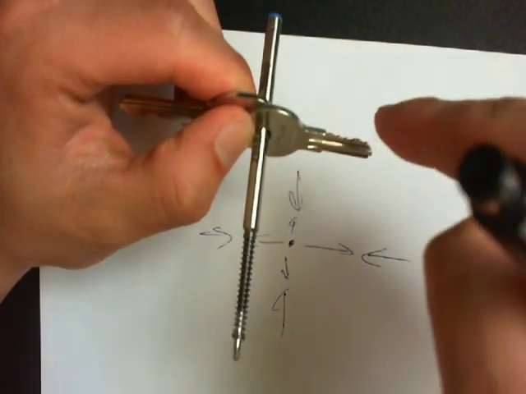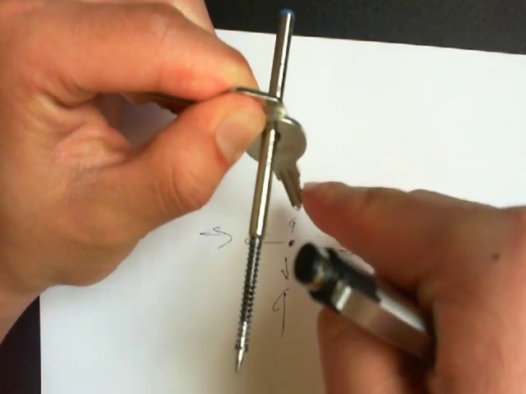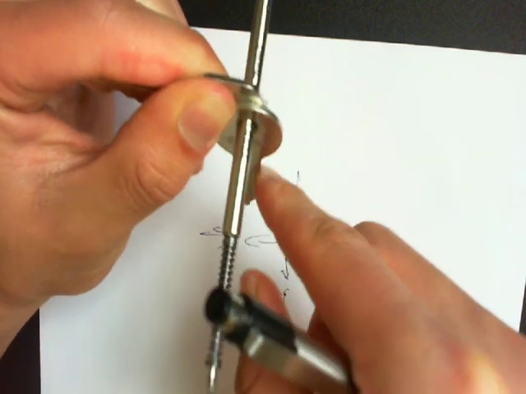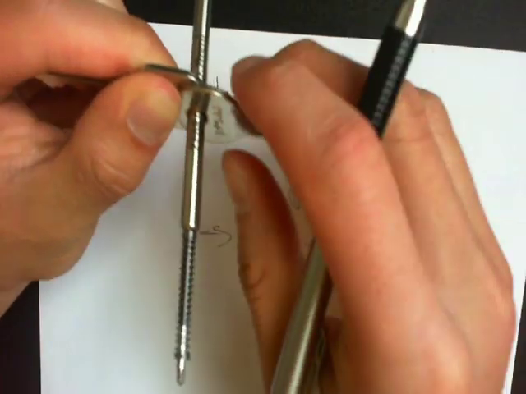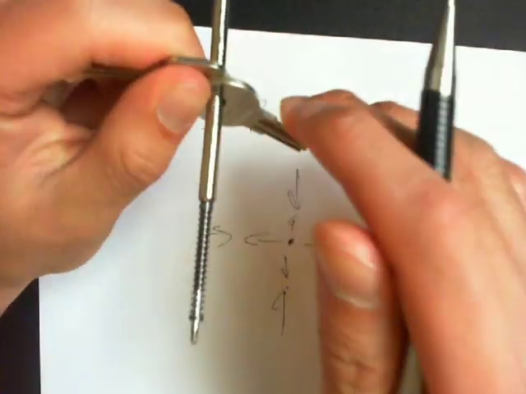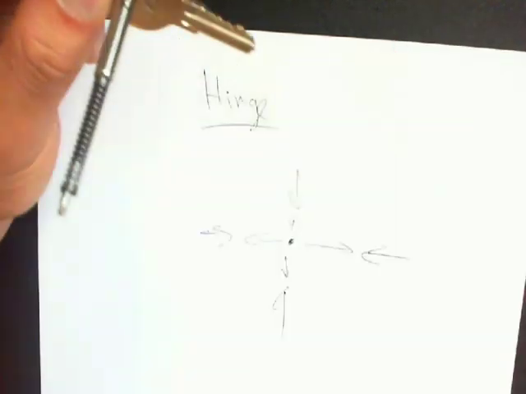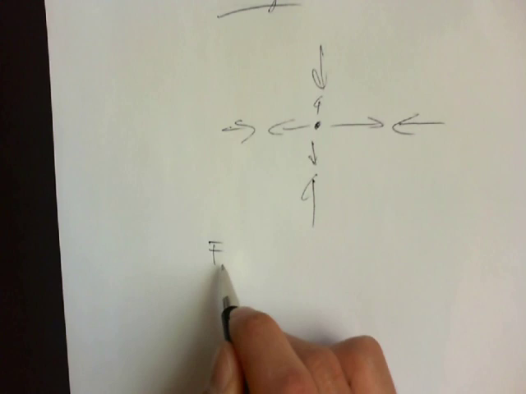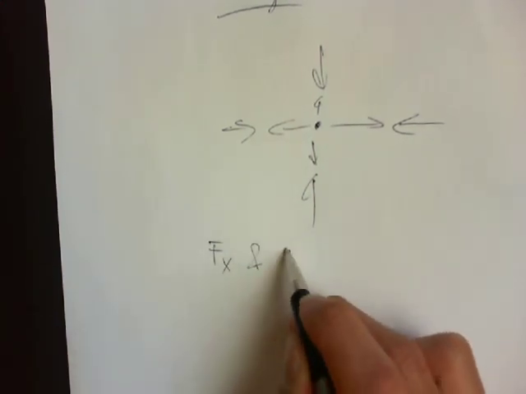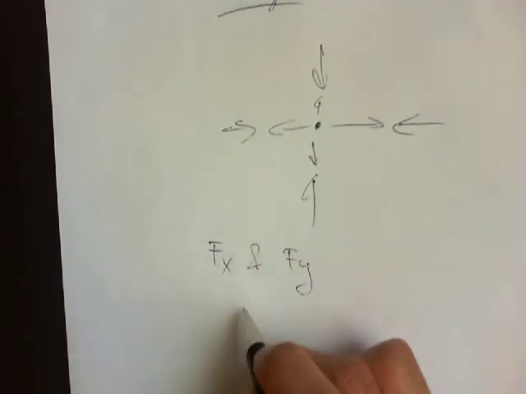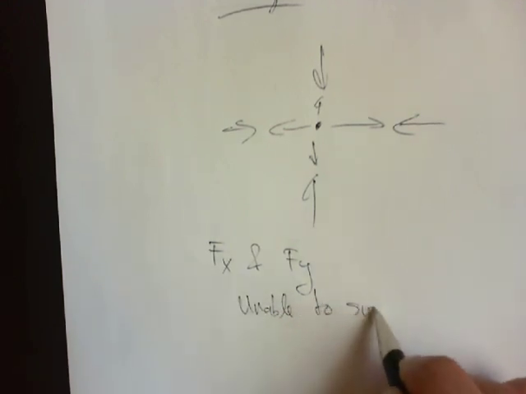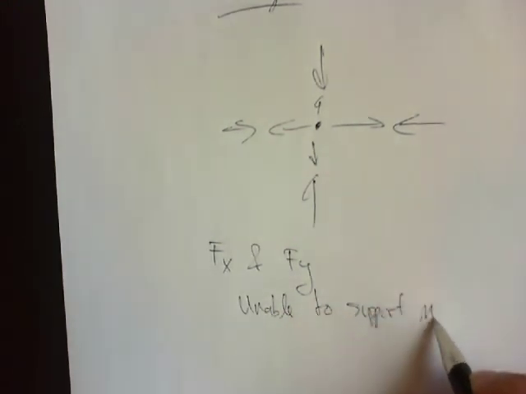However, if I apply force here, which makes the keys rotate, since the key is rotating, this tells us that a hinge is not able to support a moment. Therefore, a hinge has two reactions, one that's horizontal and one that's vertical, and is unable to support moments.